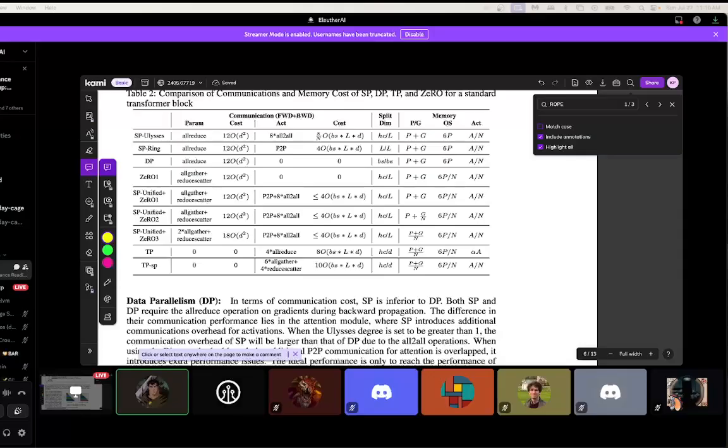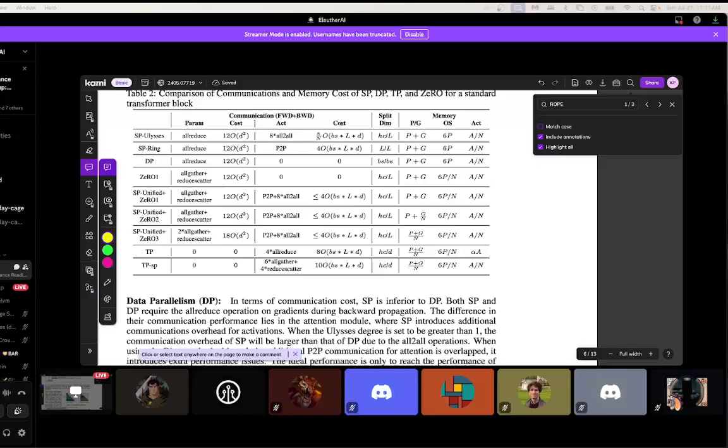I'm not sure how much he has deeply looked at this implementation, but the communication is overall the same as ring. The key point he mentioned is that we have fewer kernel launches compared to ring attention.